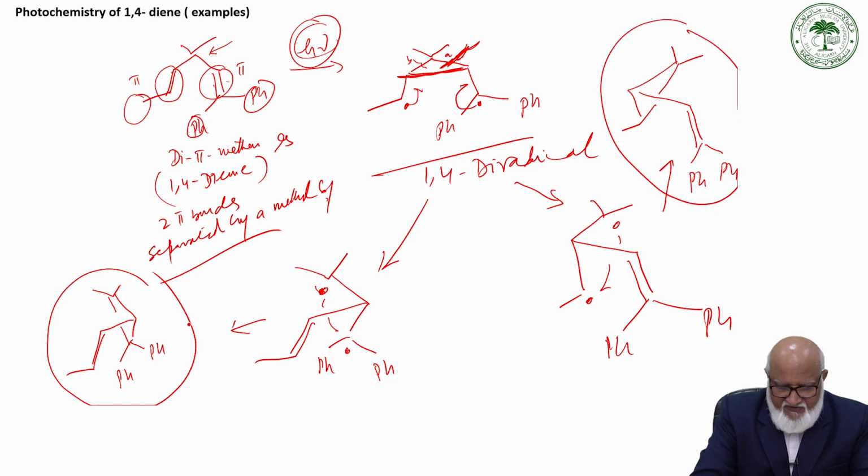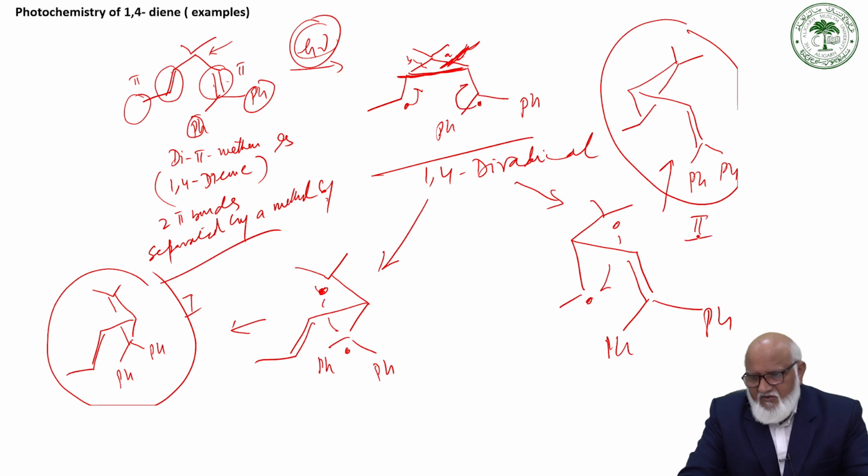So this is the first product, and this is the second product. Now out of these two products, only one product is formed, and that is the beauty of this rearrangement. And it has been found that here is the selectivity.